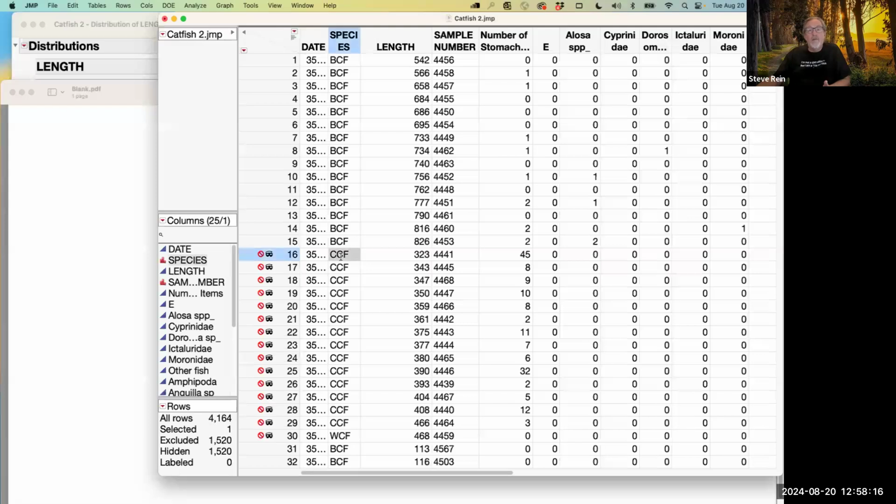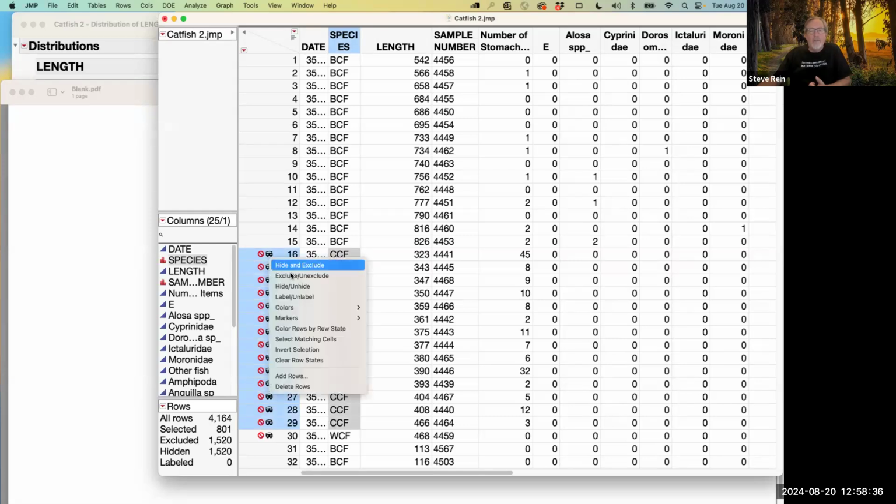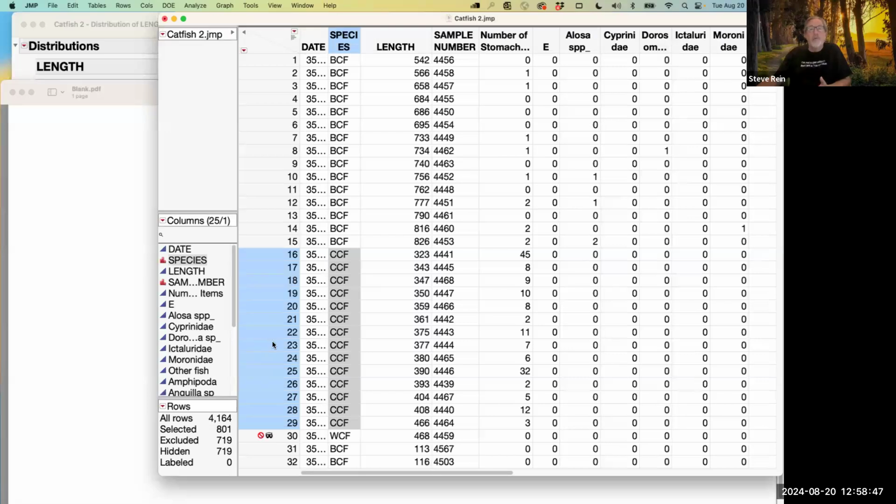If I select one of the channel catfish cells and right click, all of the channel catfish are picked up. Notice they're all marked with the red slash and the face mask, which means do not include them in the calculations at all, and do not show any of these data points. If I right click and say hide and exclude, no, let's just toggle that, and it gets rid of the hide and the exclude. We're going to now include blue catfish and channel catfish both in our analysis.